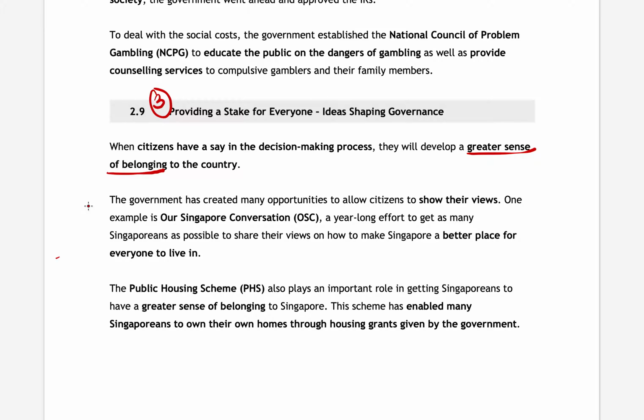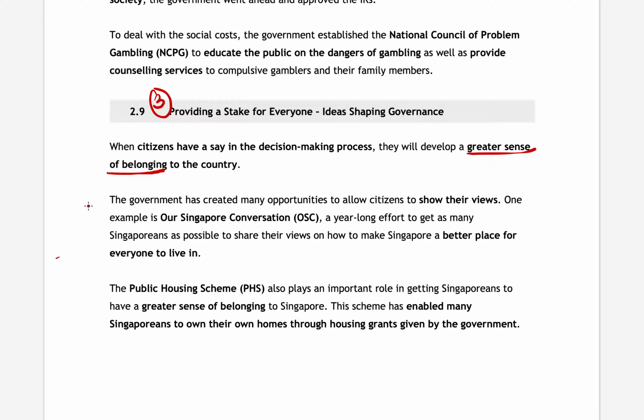Okay, another thing is also public housing. So HDB itself, right? Everybody wants to get a HDB flat, BTO, right? However, we must understand that home ownership, apart from being a sense of having somewhere to live, is also, to the government, a way to boost Singaporeans' sense of belonging through housing grants, through support subsidy schemes.